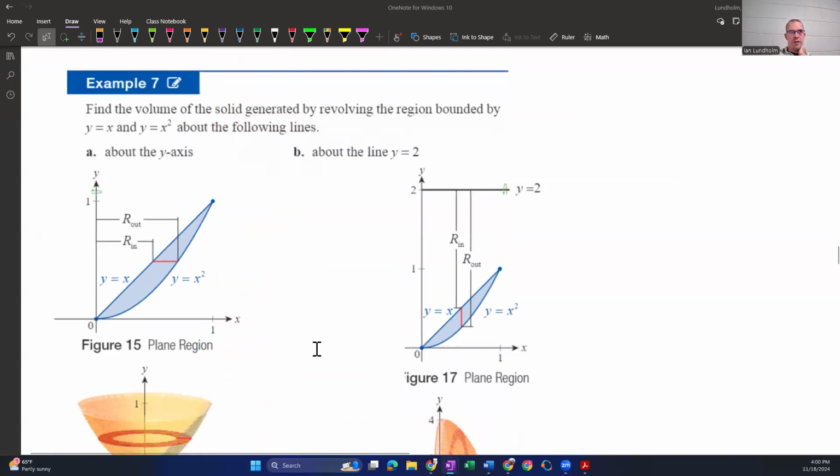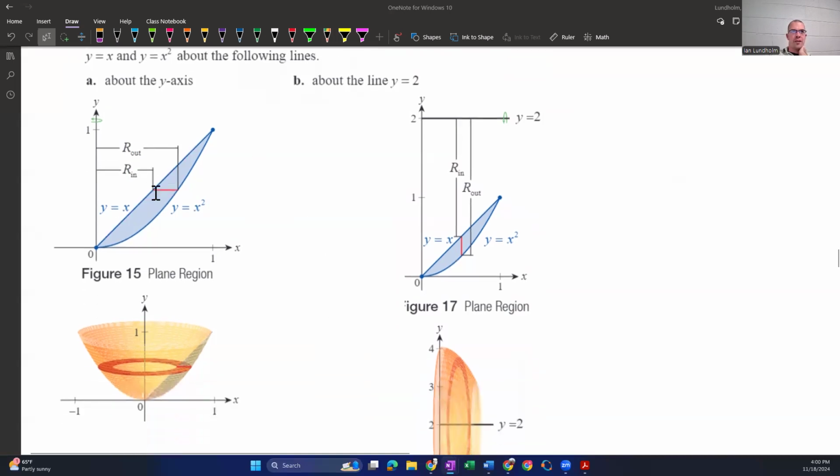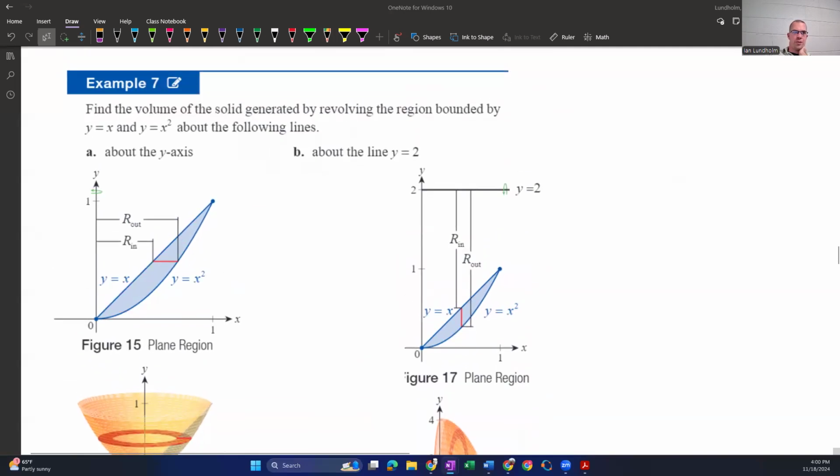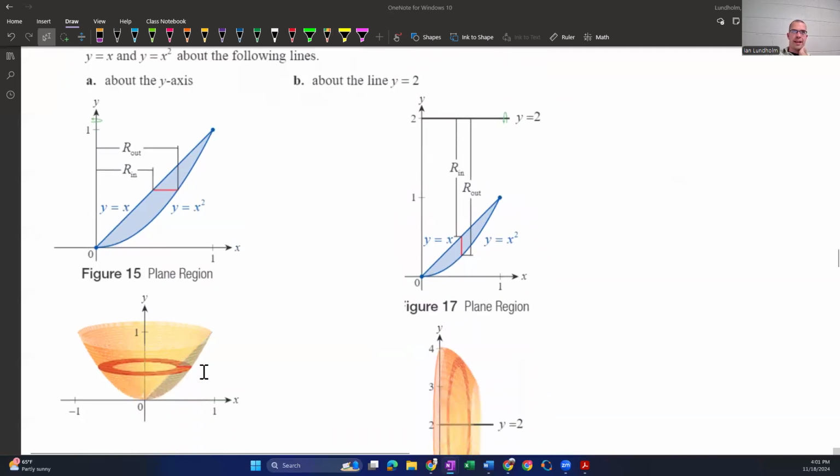On this one, we could do it both ways. This is similar to the example that we started off with, but here we've got a line y equals x and then one that's y equals x squared. If we were going about the y-axis, we could use a washer method like that.